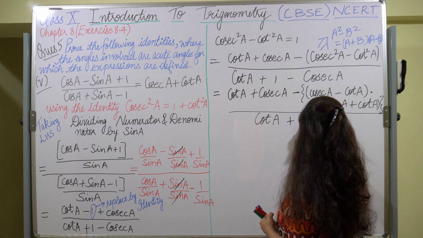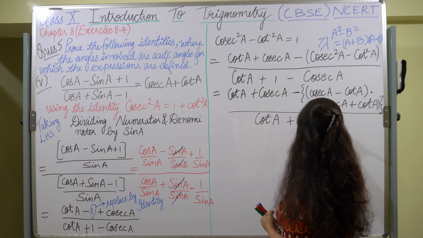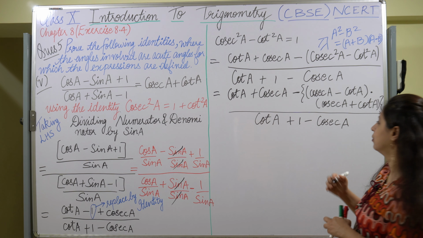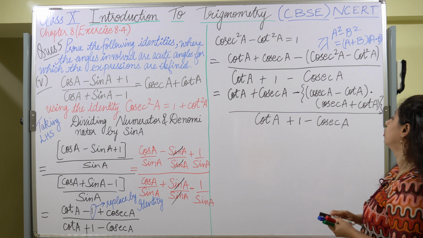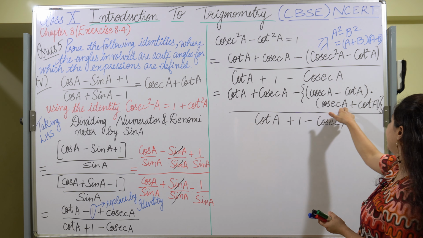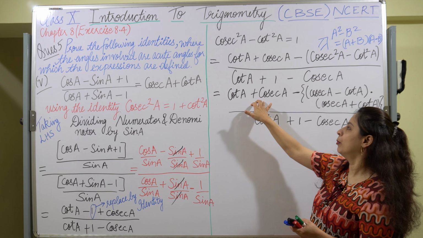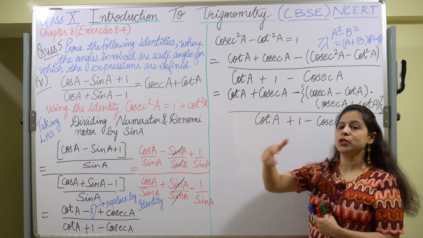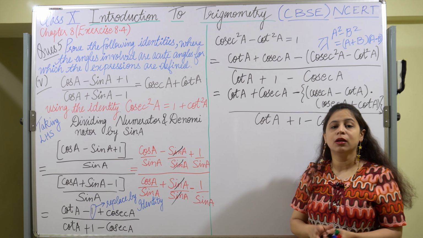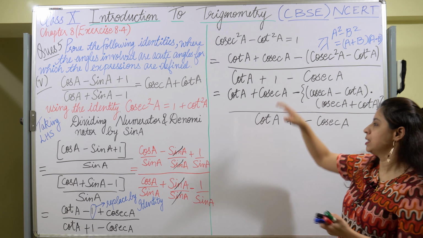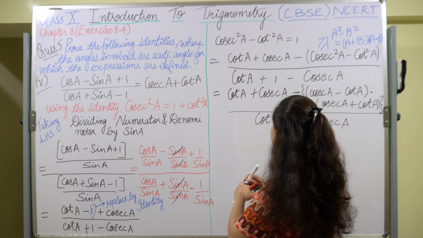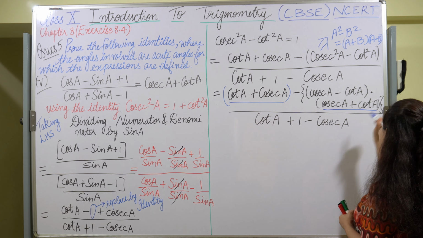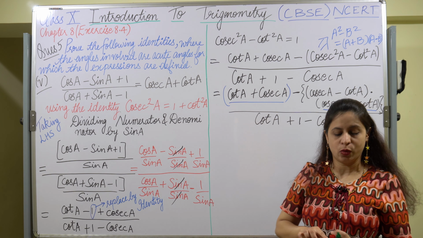So cot A plus 1 minus cosec A. Now this cosec A plus cot A is common, so we can take it out as one whole term.